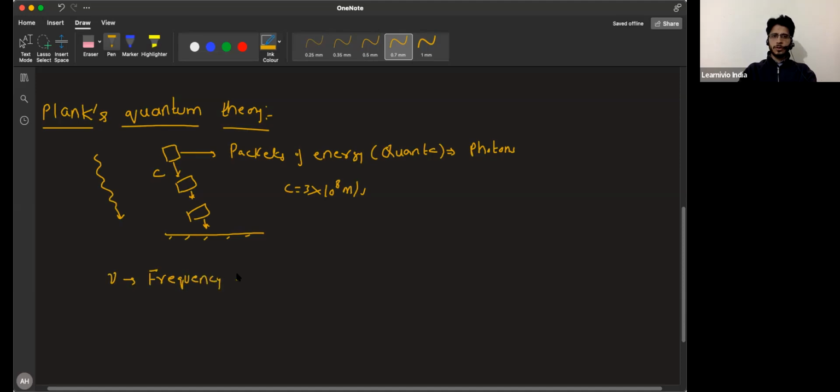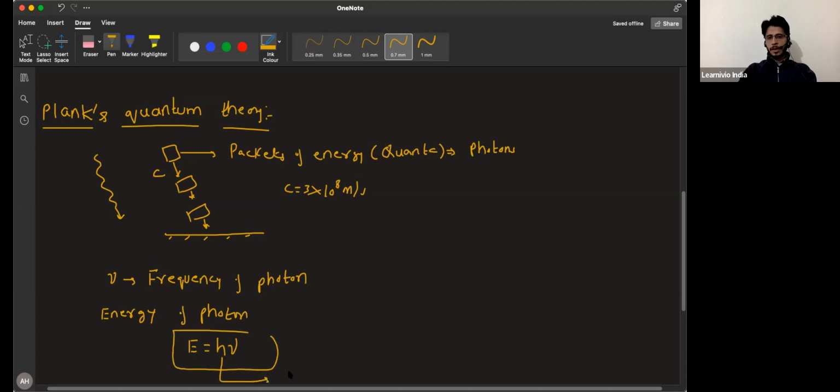So if nu is the frequency of each photon, then you can write the energy of the photon E as E is equal to h nu, where h is the Planck constant.